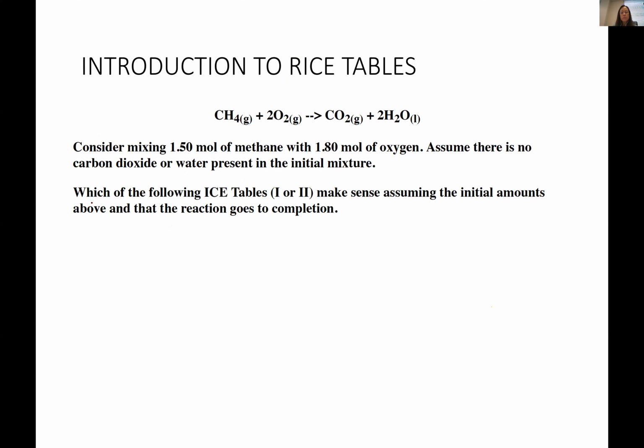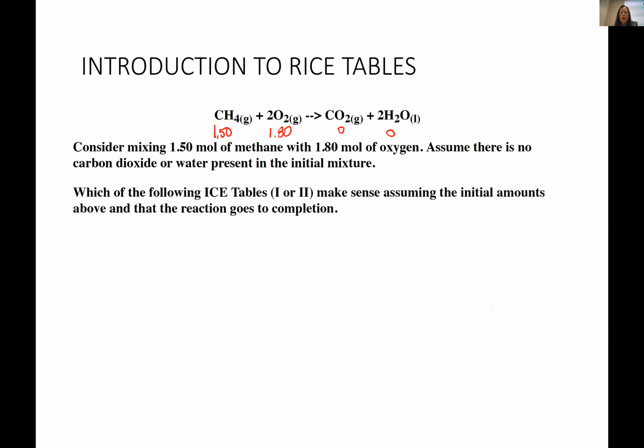Take a second and look at this equation. In this equation, we have methane, the gas that comes out of the gas jets at school. They already tell us we have 1.5 moles of methane with 1.80 moles of oxygen. And it says assume that there's nothing of the products to begin with.